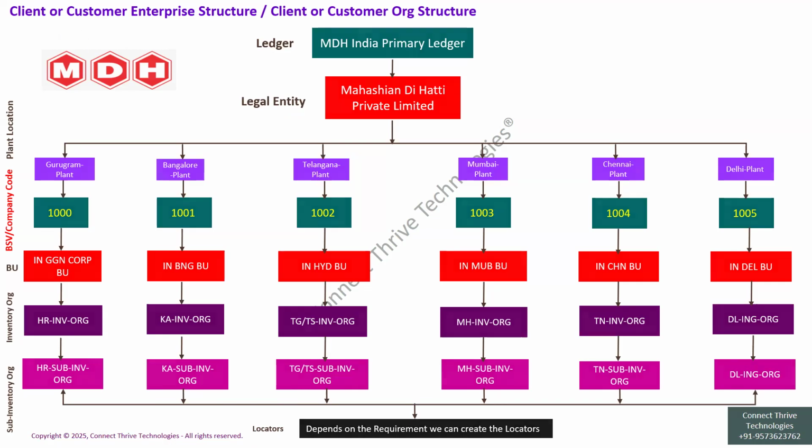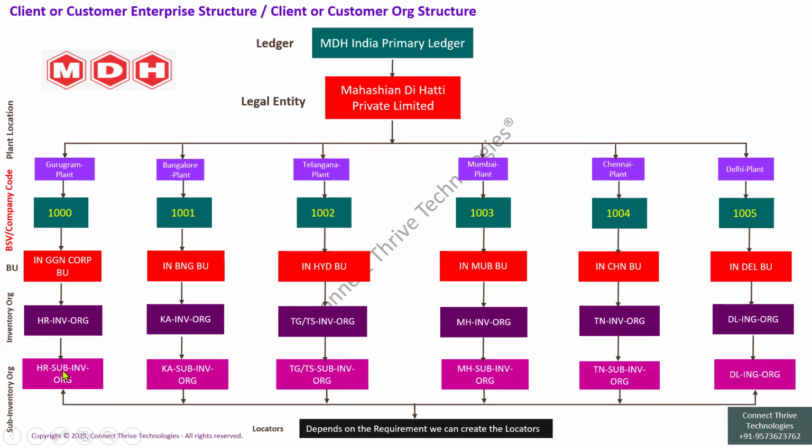So if you see, this is the way we can create the enterprise structure for small scale industries, if they have one legal entity under which they are operating multiple plants in multiple locations. One primary ledger, one legal entity, multiple locations where they have a plant. Each plant we create as a BU, under which we associate one company code, and at each BU level one inventory.